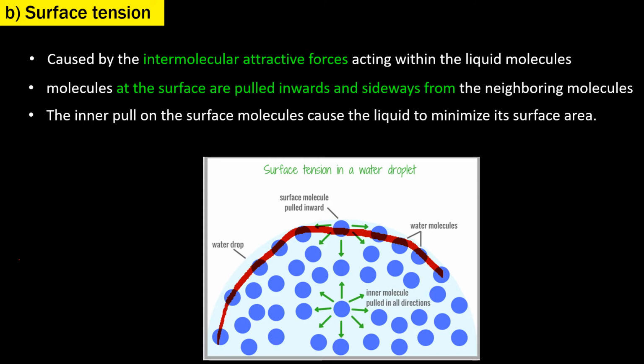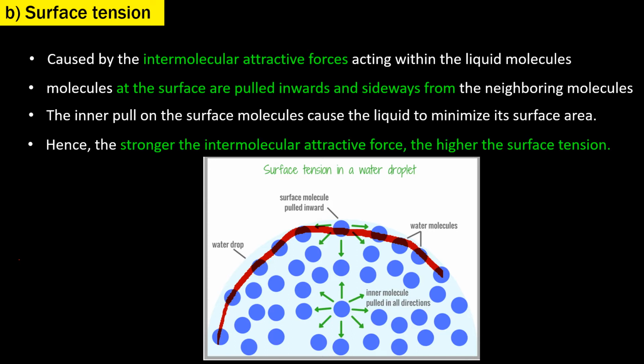The inner pull on the surface molecules causes the liquid to minimize its surface until it creates an inward curve if we place liquid in the container. The stronger the intermolecular attractive force, the higher the surface tension.